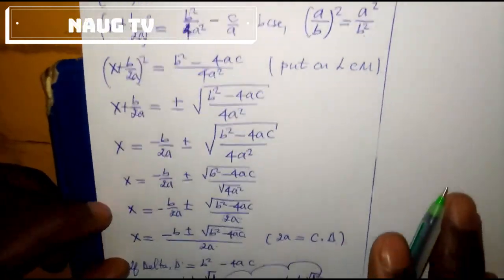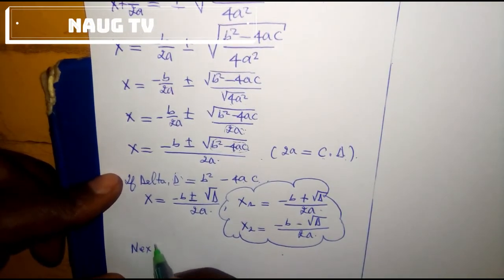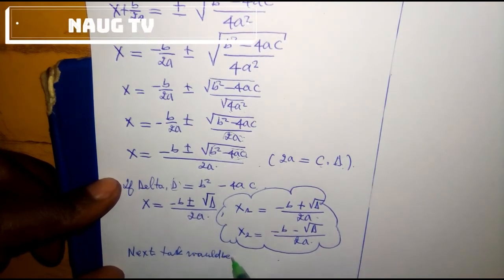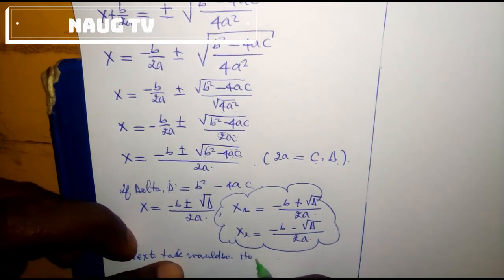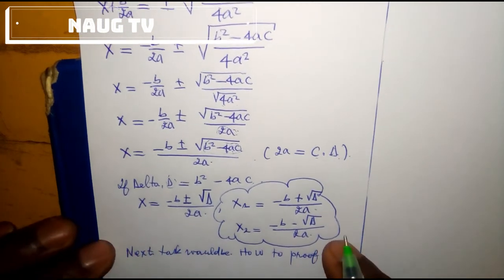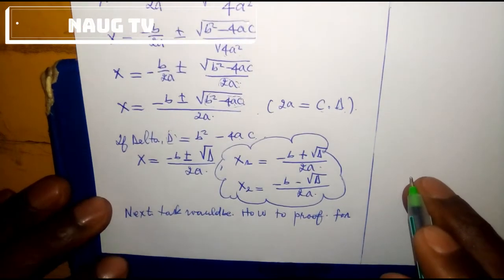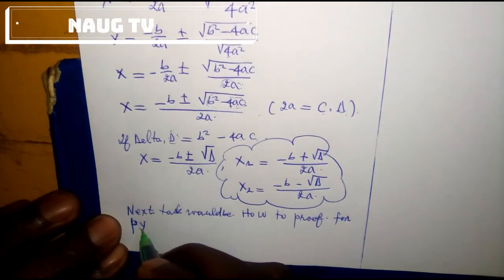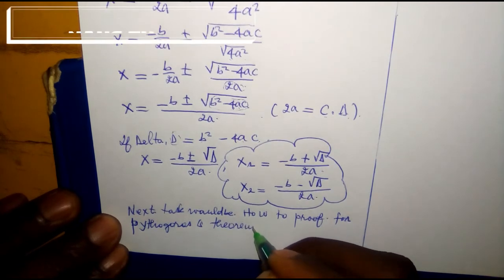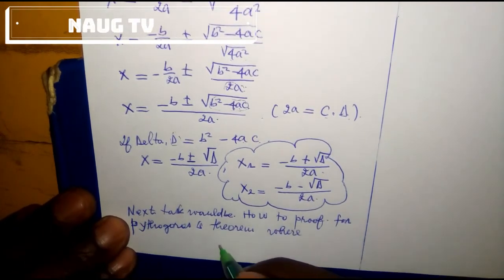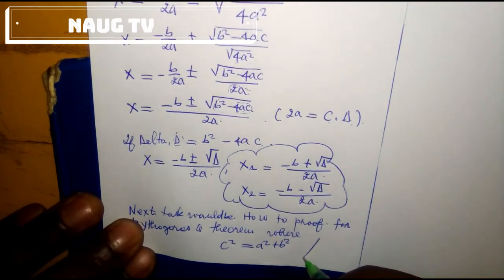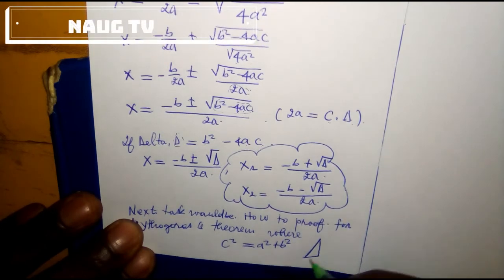So next task would be how to prove Pythagoras theorem, where c squared equals a squared plus b squared in a right triangle.